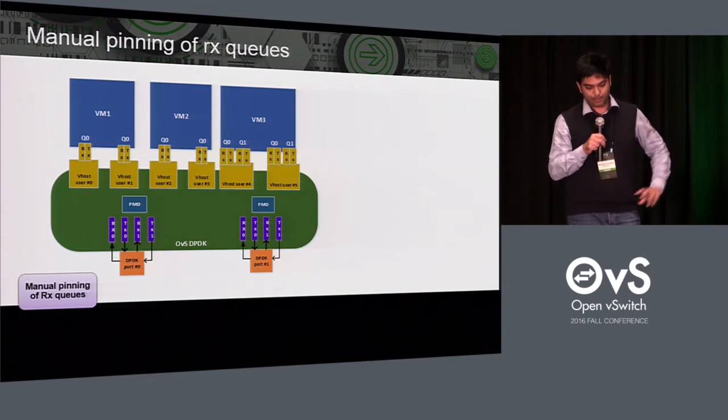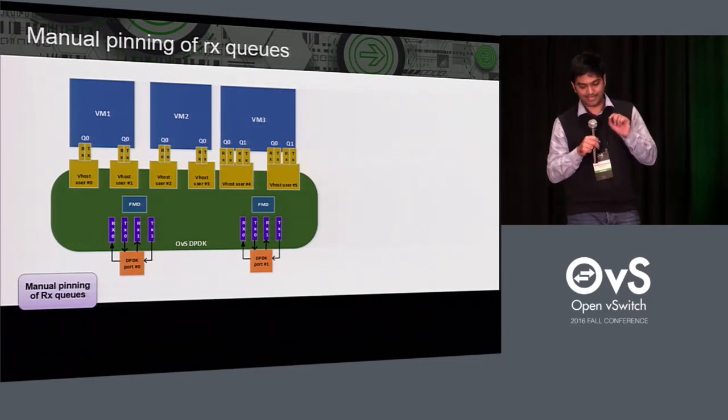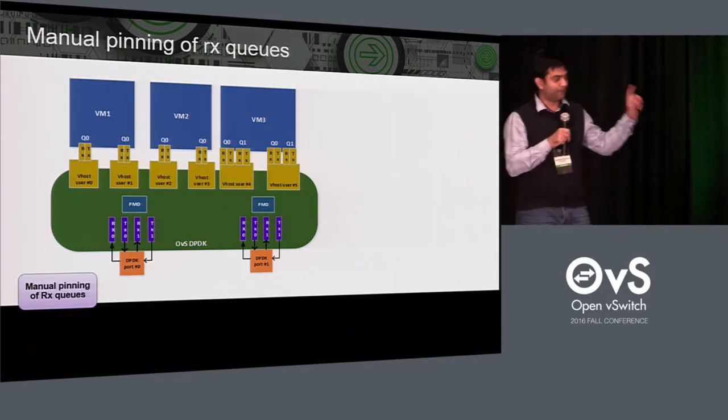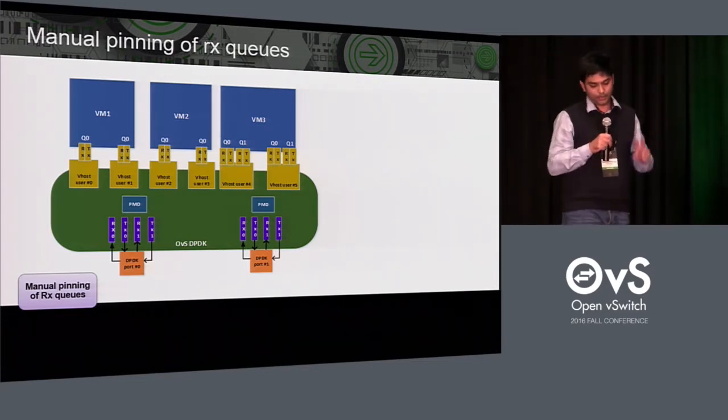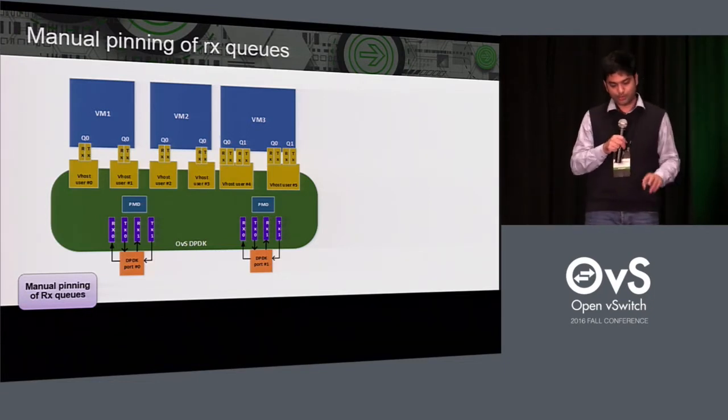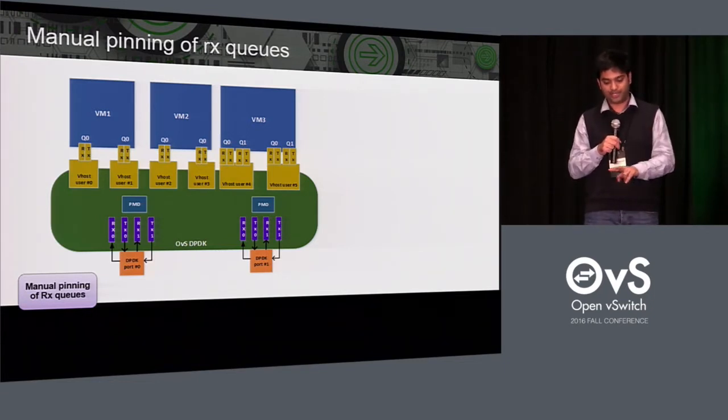VM1 has a pair of vhost ports with single queue, and VM2 has a pair of vhost ports with single queue, and VM3 is slightly different because it has a pair of vhost ports, but it has the multi-queue feature enabled. If you count the total number of RxQs here, there are 2 RxQs on DPDK port 0 and 2 on DPDK port 1.